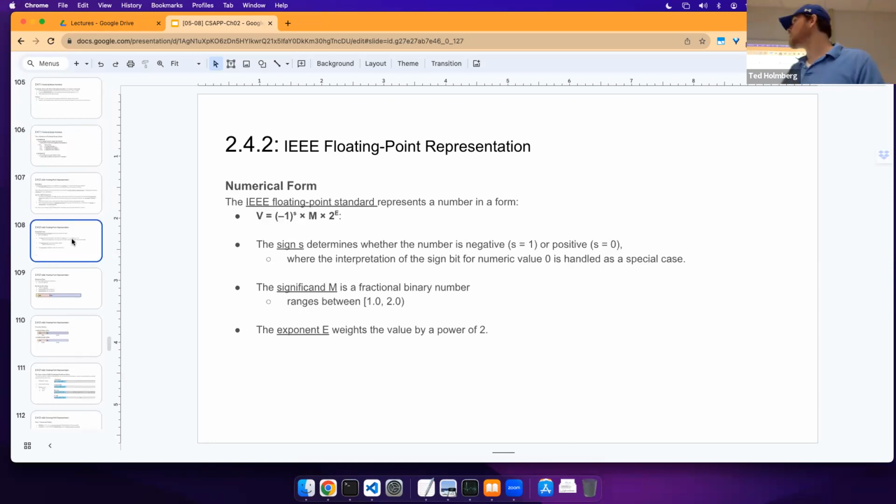Again, I'm going to give the mathematical form of how we can define our floating point value. V represents the floating point value as we were looking at it in the last subsection, using the traditional positional notation.